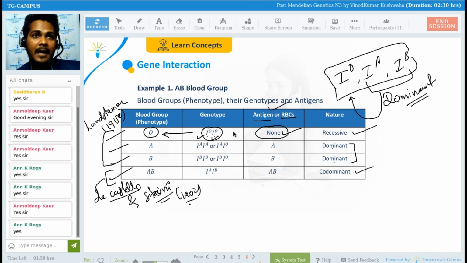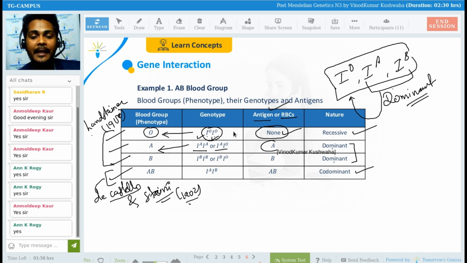Similarly, a person with IA or IAIO genotype has blood group A. So always keep in mind, if the person has genotype IA or IAIO, the person always has blood group A. Clear? Why?